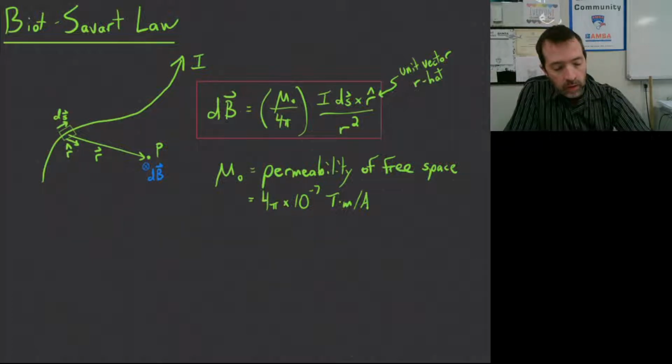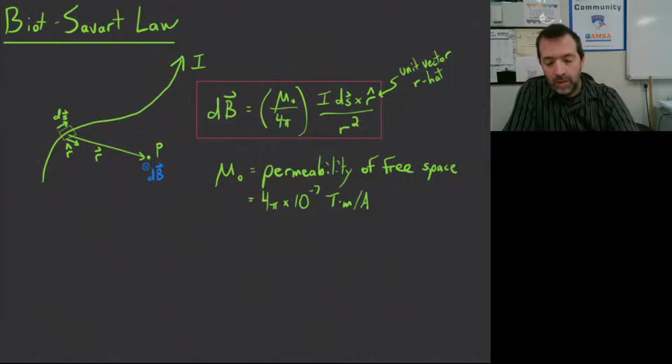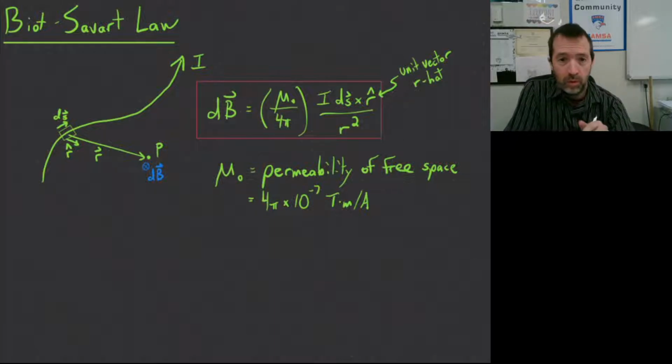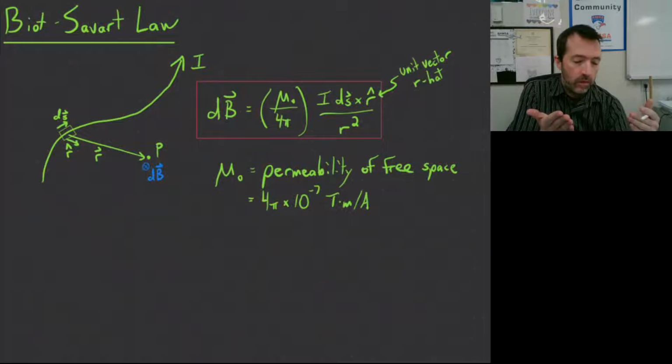I've also indicated a unit vector that points in the same direction as r. Unit vectors always have a hat instead of an arrow. And that r hat unit vector is what you see in the formula over on the right. Again, a unit vector just has a magnitude of 1.